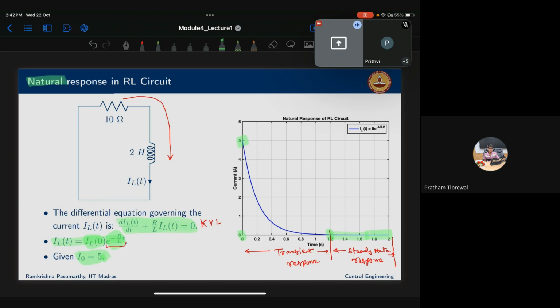So we call the response between 0 and 1.2 the transient response, and from 1.2 to 2, where the response is 0 or some constant value, we call it the steady state response. So now you know the difference between the natural response, forced response, transient response, and steady state response. In both natural as well as forced responses, we'll have both transient and steady state in each.